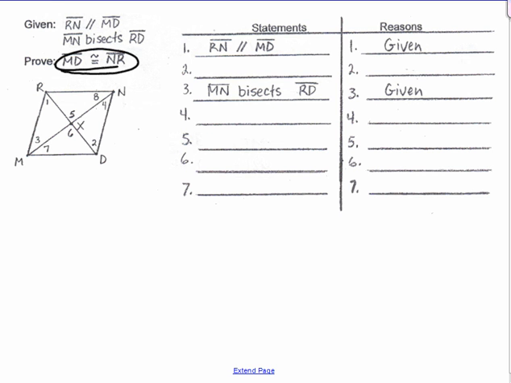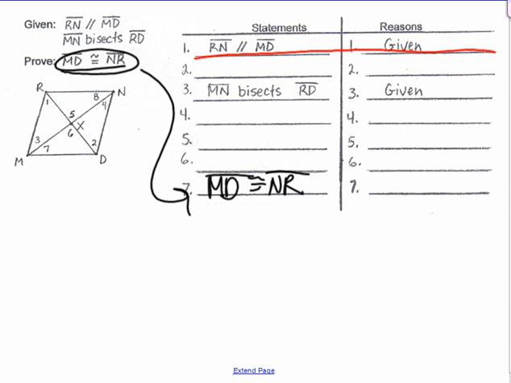Write what you need to prove last. MD is congruent to NR. All right, here we go. Start with red. Parallel. All right, so I have RN parallel to MD. Now, there's a lot of triangles going on in here, okay? So the two transversals that are touching both, one has a lot of numbered, one does not.